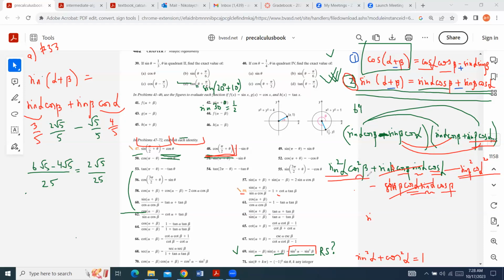Here's a cosine beta, but there is a cosine alpha. So I need to somehow break it out to, instead of sine, put cosine, or instead of cosine, put sine. So it looks like in this case, I should put sine instead of cosine, because in my end result, I don't have any cosines. So instead of cosine squared, I can just get 1 minus sine squared, right?